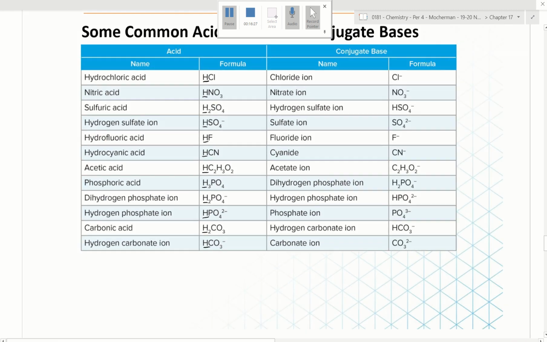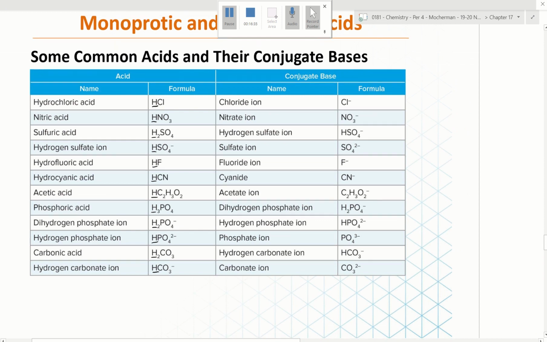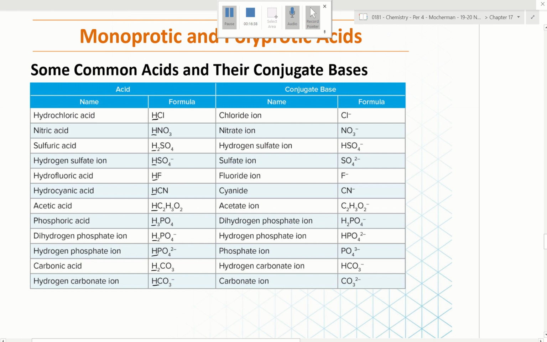We have the idea that there's more than one hydrogen that can be given up. But these are the conjugate bases. On the other side, you can see they're all just minus 1 H. So if you take the original formula and subtract 1 H, you have the conjugate base.